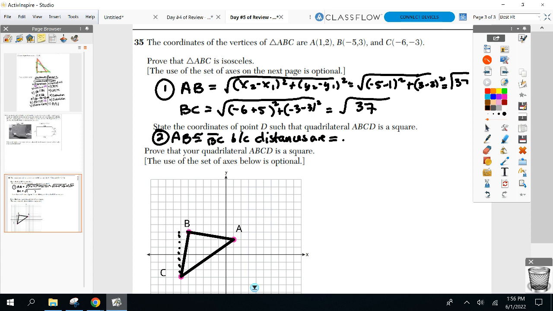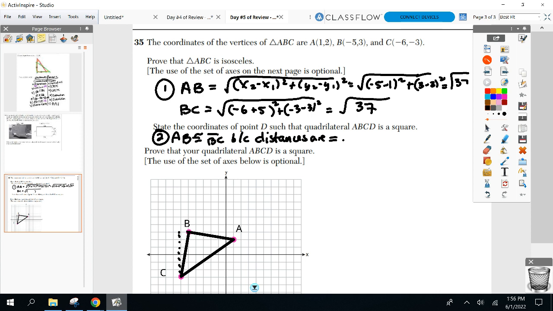Yes, Tammy. But technically, wouldn't you have to do AC just to prove that it's not equilateral? Even if it is equilateral, triangles are isosceles. Oh, all right. Remember, as you go down, it's kind of like squares or parallelograms. So no, doesn't matter, because even if it was equilateral, it's still isosceles.